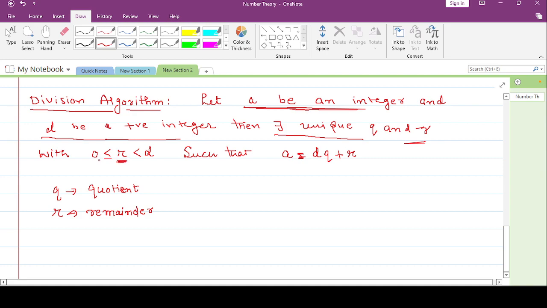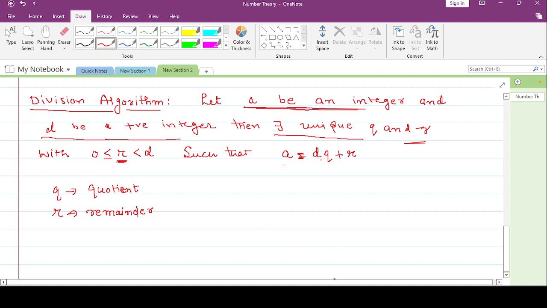It is always greater than or equal to 0, meaning the remainder can be 0 or positive, but it should be less than the divisor, such that you can write a as d into q plus r, where q is called the quotient and r is called the remainder.